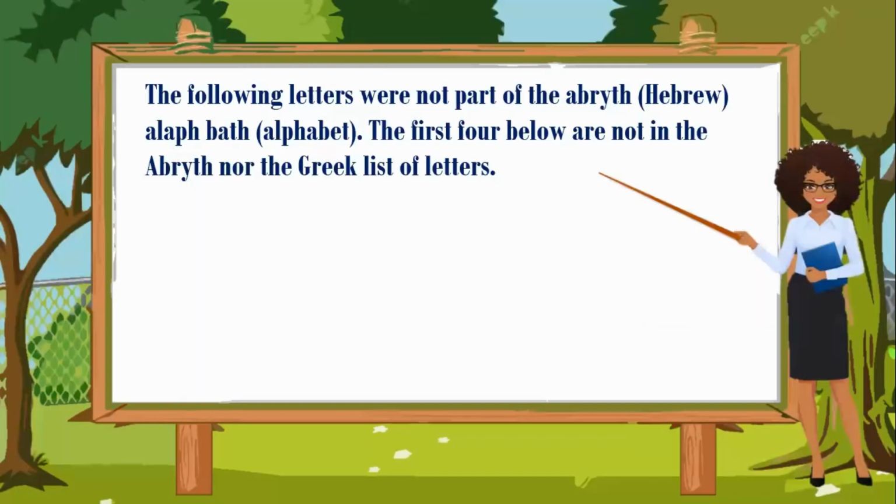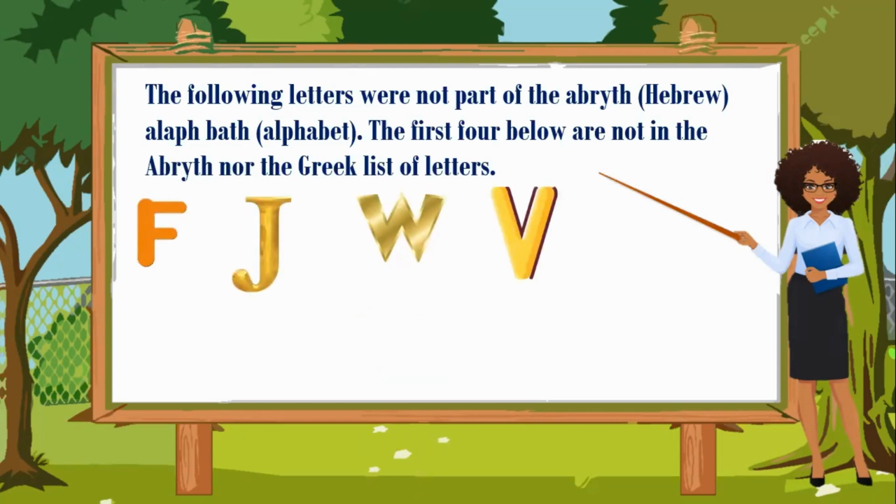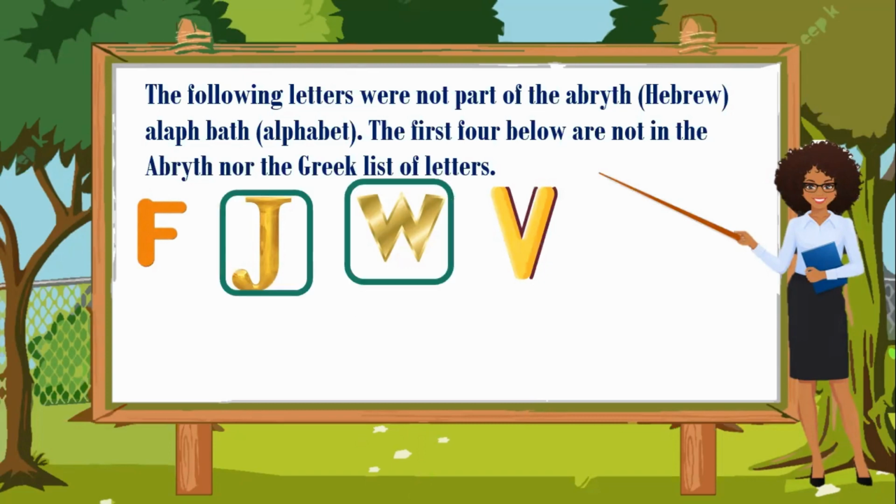The following letters were not part of the Abryth or Hebrew AlaphBat. The first 4 are not in the Abryth nor the Greek list of letters. These letters are F, J, W, and V. The J and W were not in the Hebrew, Greek, nor Latin group of letters.